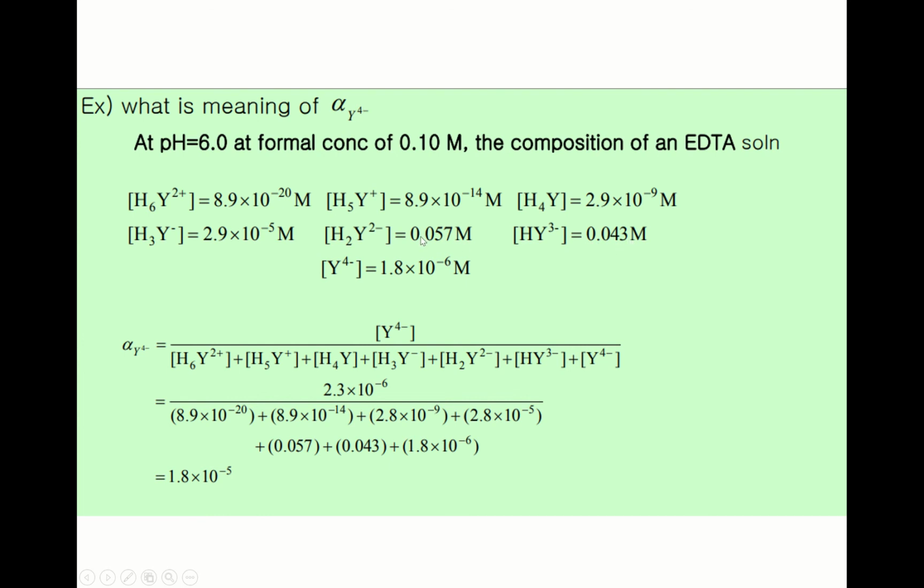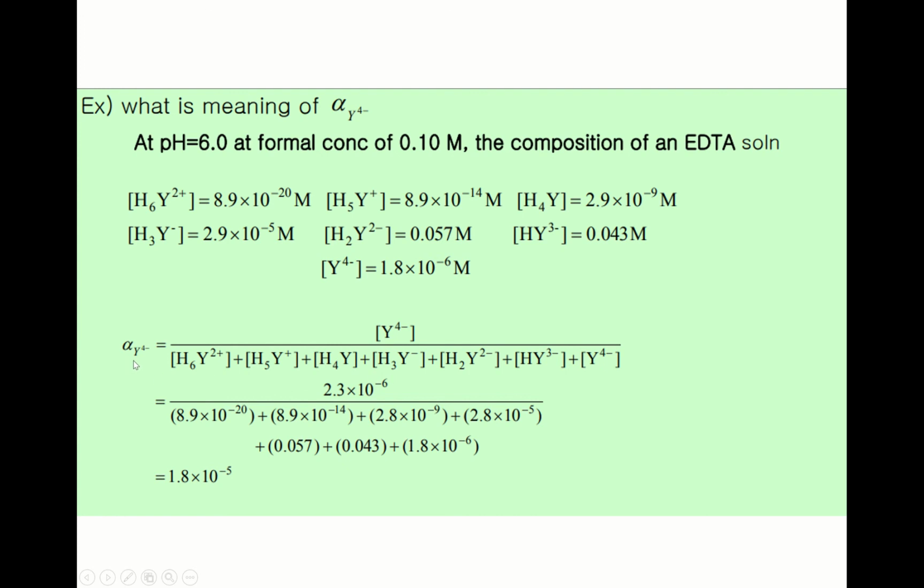So it is about 57%, because the formal concentration is 0.1 molar, and this one takes 43%. And Y4 minus takes this much, quite a low concentration.